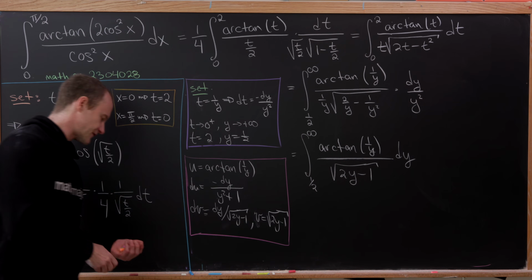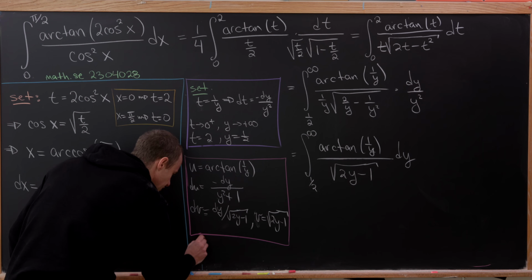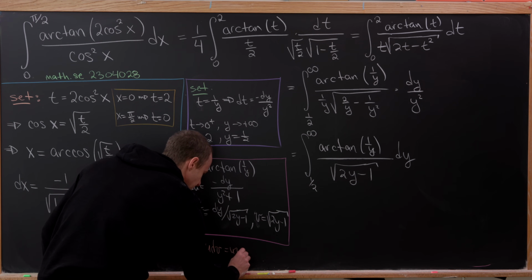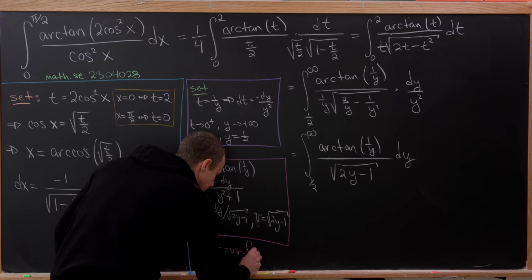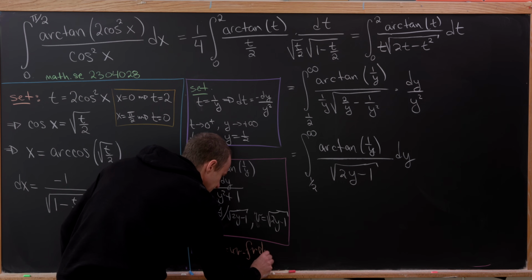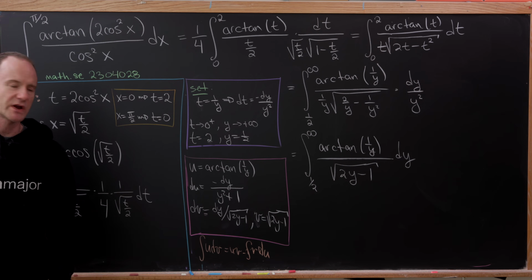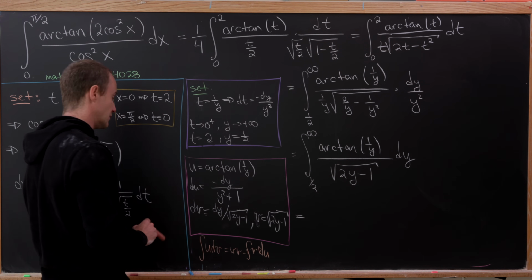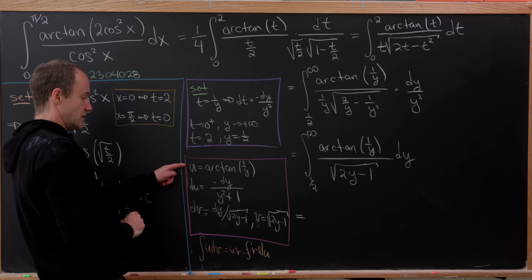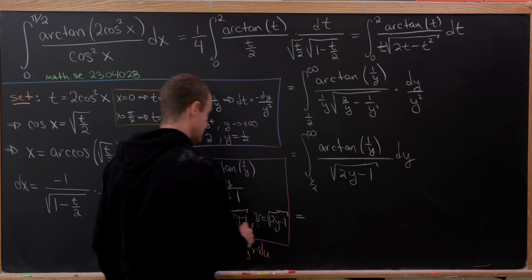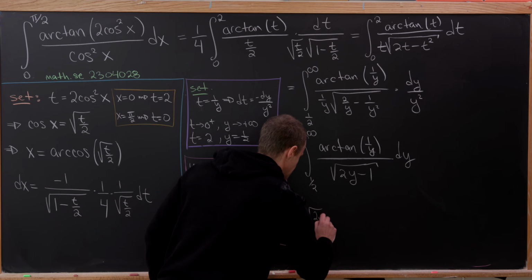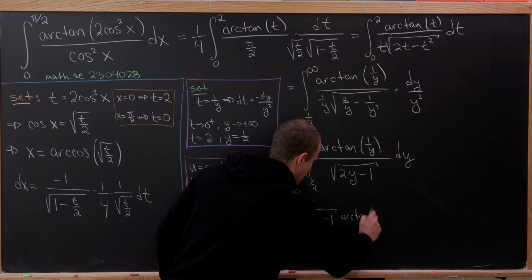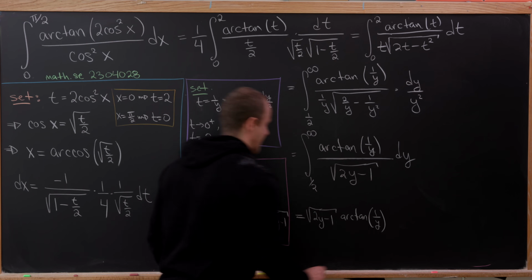So now we have to recall the standard integration by parts formula that says the integral of u dv is u times v minus the integral of v du. Okay, so let's see what that leaves us with. So this is equal to u times v, so that'll be the square root of 2y minus 1 times the arctan of 1 over y.